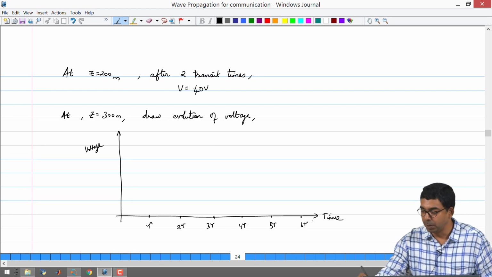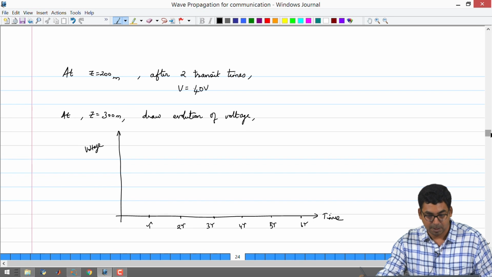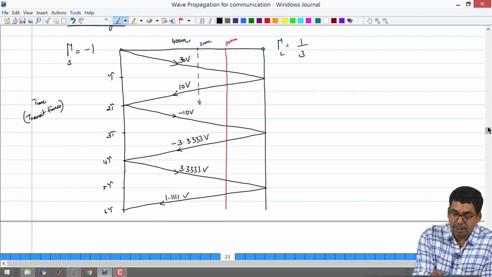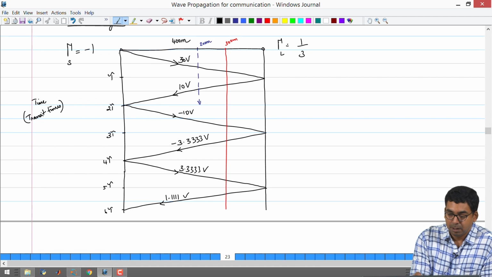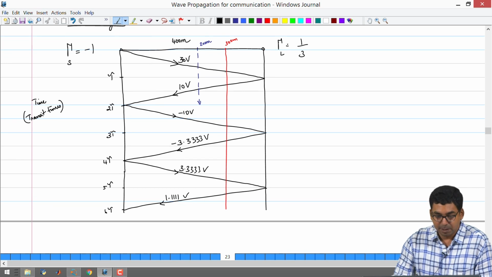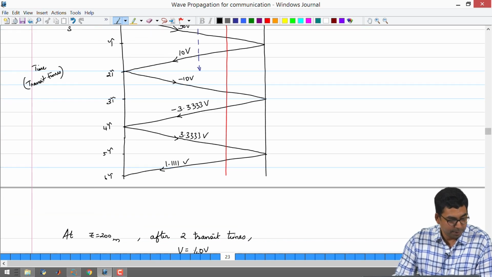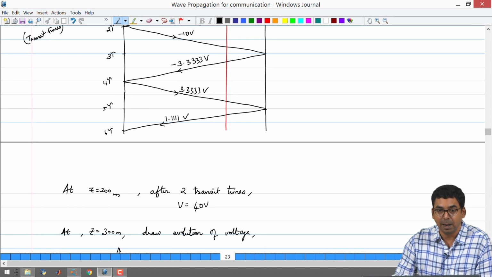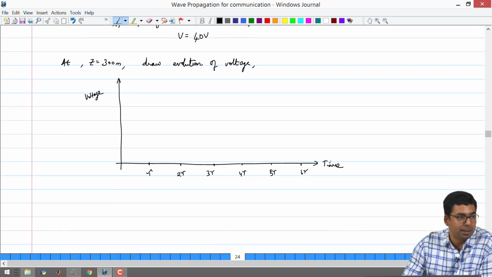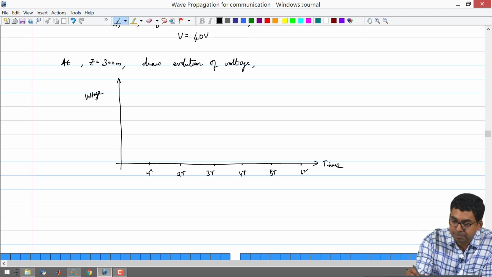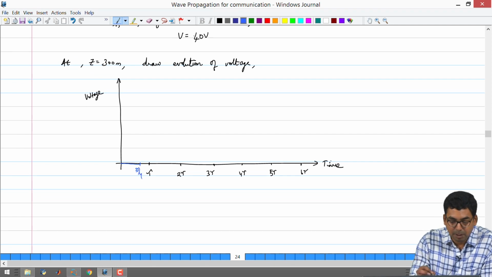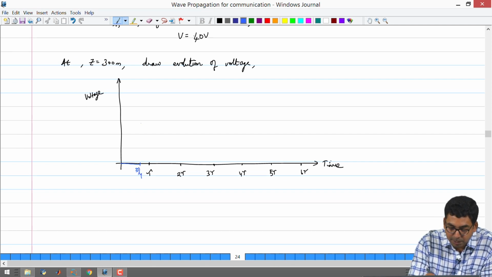So we can look at this diagram and then say that the incident voltage is going to reach this point at some instant of time, and that is going to be 3/4 of your transit time, because 300 meters out of 400 meters. So till then the voltage will be 0 there, and once it reaches 3/4 of a transit time, the voltage will go up to 30 volts, which is your incident voltage.